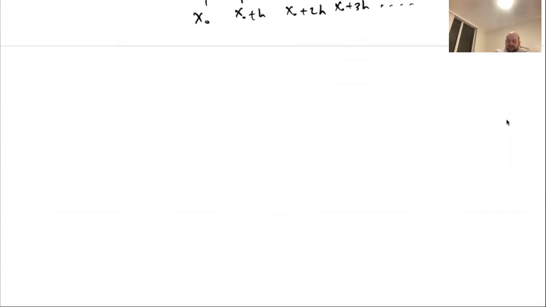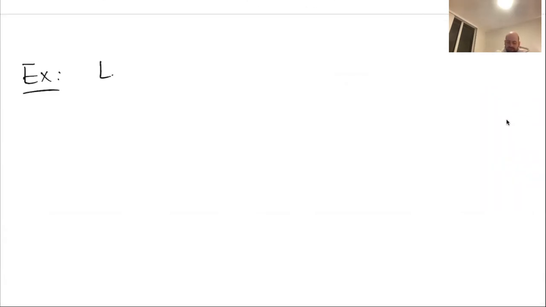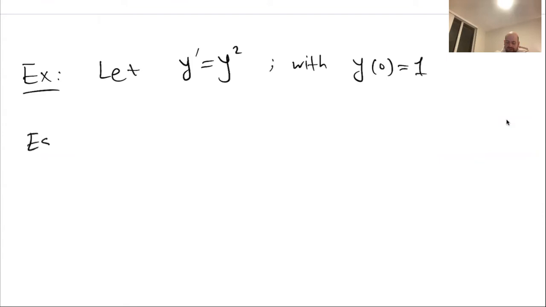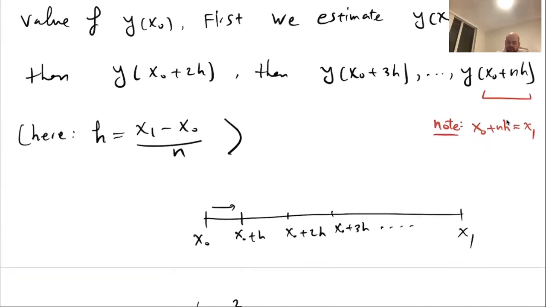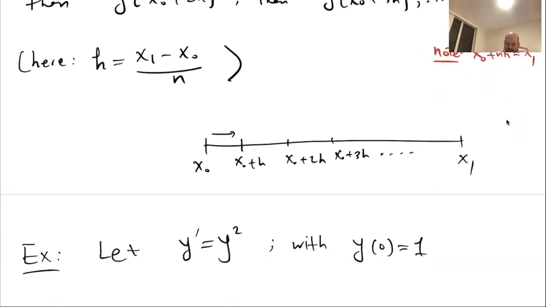So let's look at an example now. Okay, this method here is called the Euler method. So maybe I can mention that here as well.